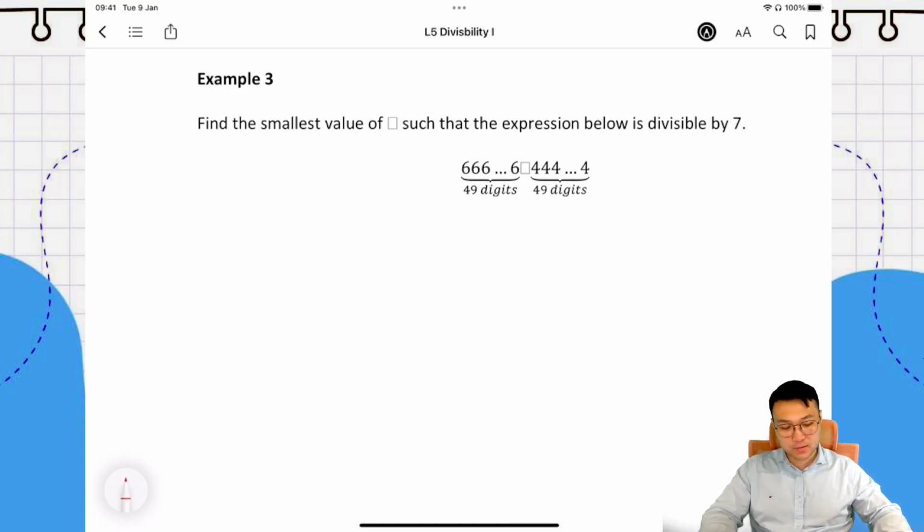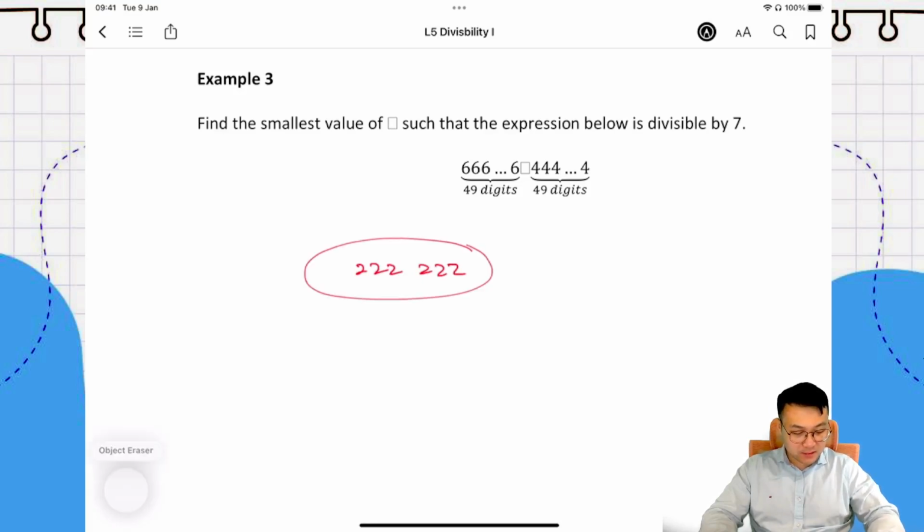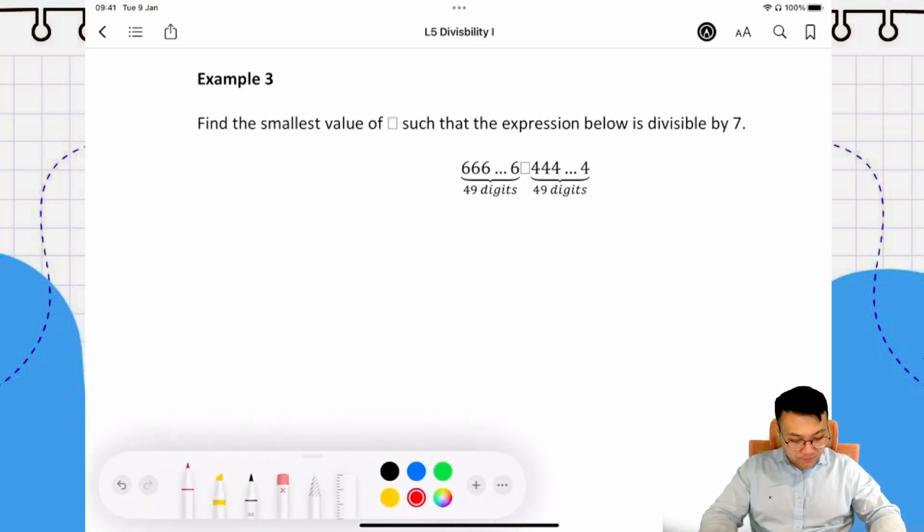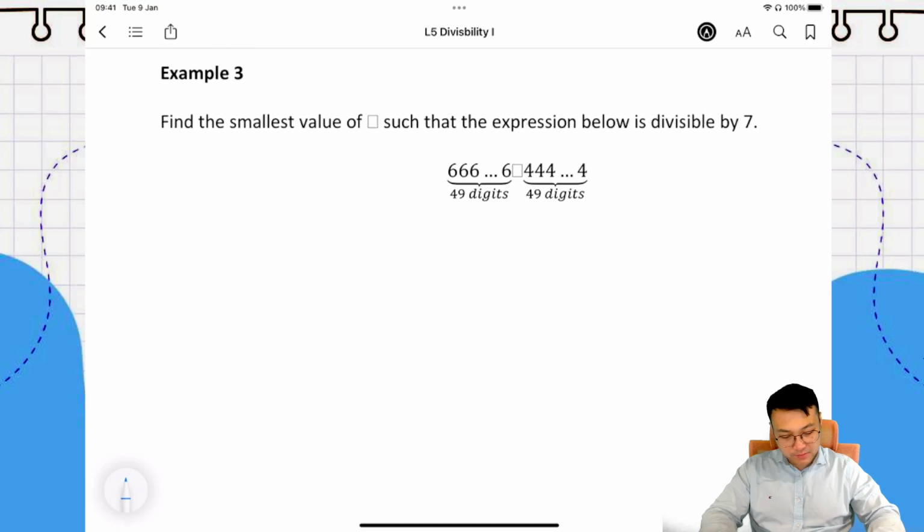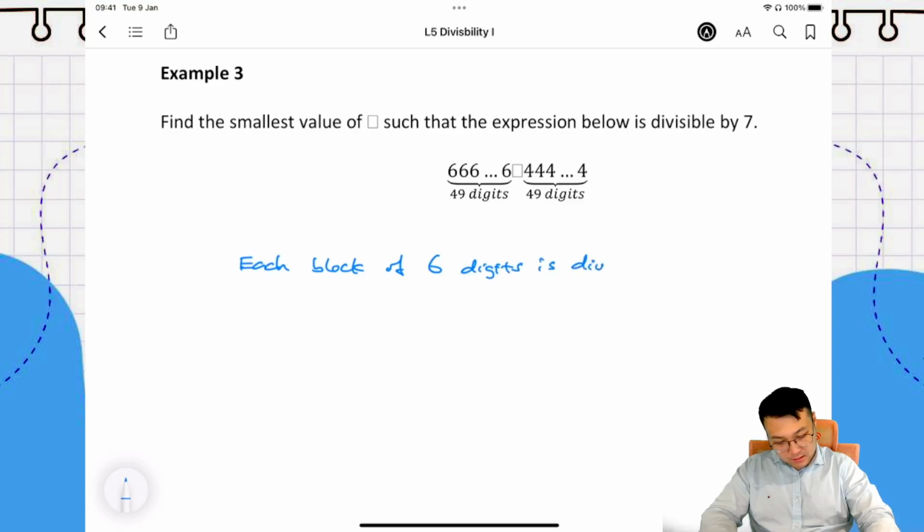Now, students, remember what we did with our 222 just now? This can be divided by 7, and can be divided by 13. So we know that any block of 6 repeated digits is divisible by 7.